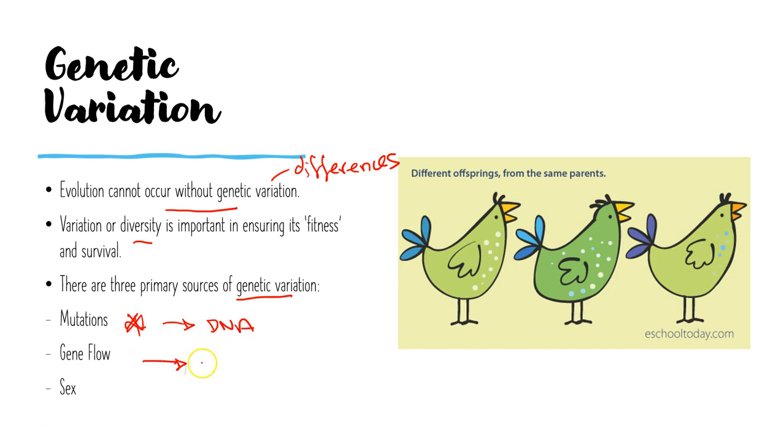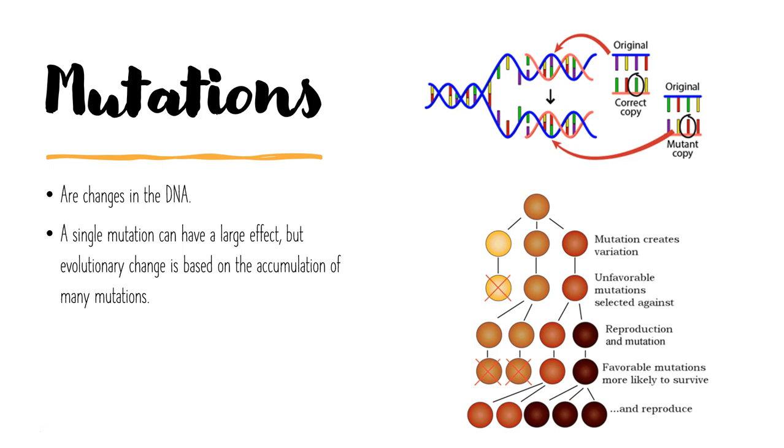Gene flow, so this is generally migration or different genes traveling from one place to another. Okay, and then sexual reproduction. There are mechanisms in sexual reproduction that bring about mutation all in themselves with the way that mitosis and meiosis occur. So let's talk about the first one, mutations.